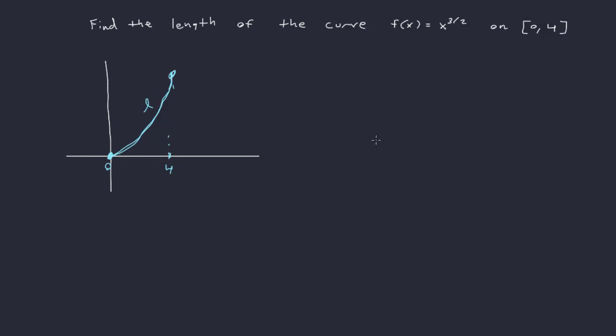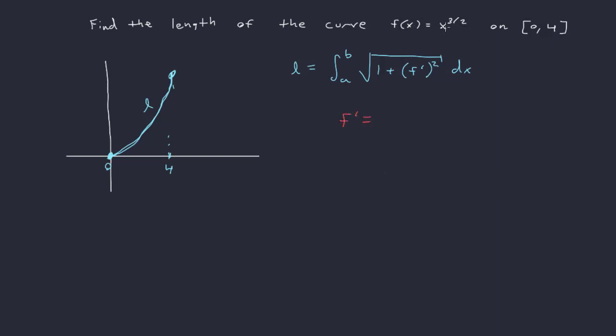Okay, well, we're just going to go to the formula. The formula was going to be the integral from, I'm just going to write it generally, a to b of the square root of 1 plus f prime squared dx. Okay, so first we need to find f prime. So I like to do this in steps, right? So first I find f prime.